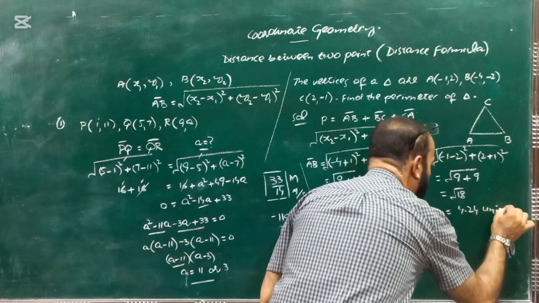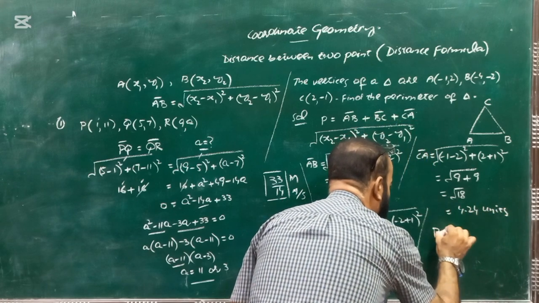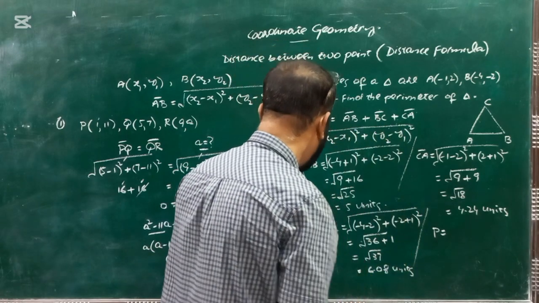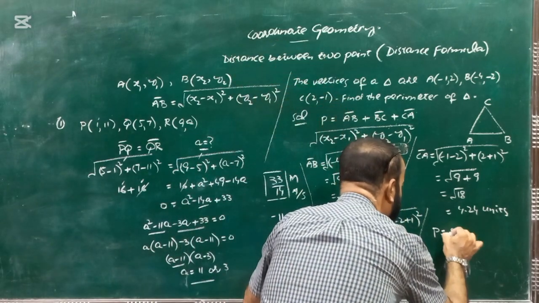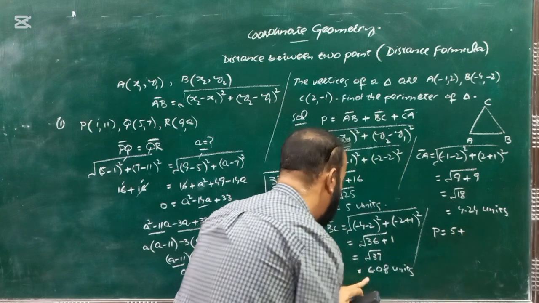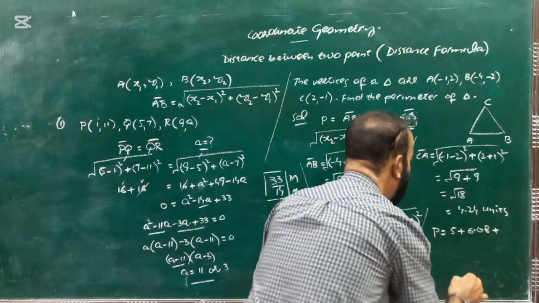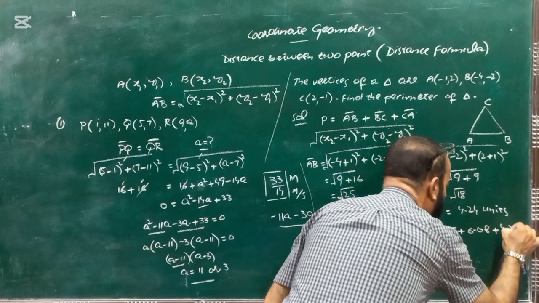And finally the perimeter will be equal to the sum of all three measurements. One is 5, second was 6.08, and the third is 4.24.